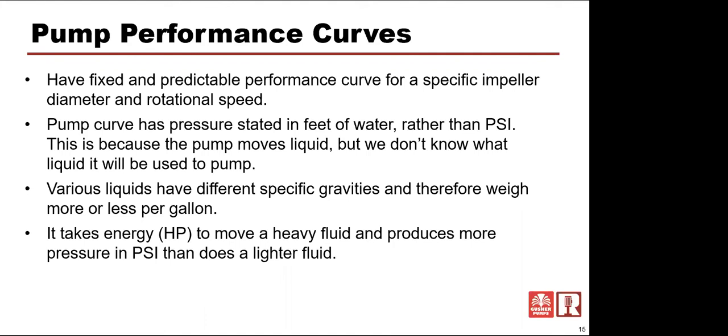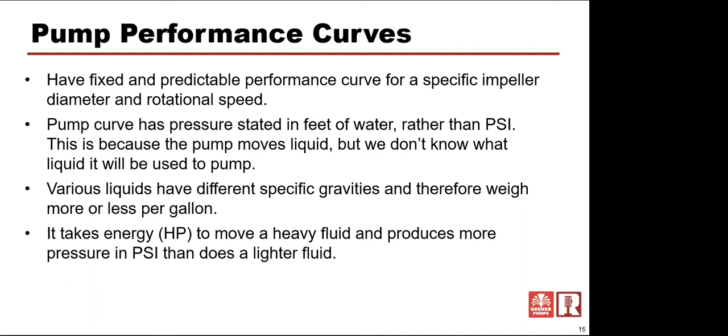If you put a heavy fluid into it, it takes more energy than it does a lighter fluid, such as gasoline. Gasoline has a specific gravity of about 0.78, meaning it's 22% lighter than water. Specific gravity of water is 1. Hydrochloric acid may have a specific gravity of 1.6, meaning it's 60% heavier than water. So if you move 400 gallons per minute of gasoline, it's a heck of a lot easier than moving 400 gallons per minute of 60% heavier hydrochloric acid.